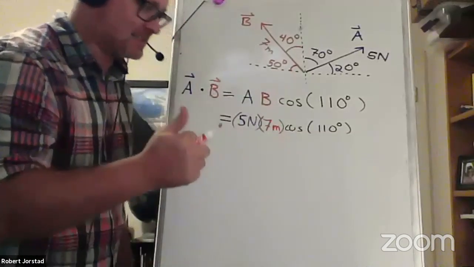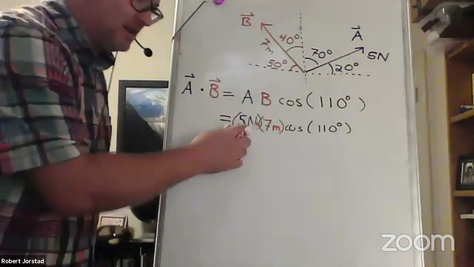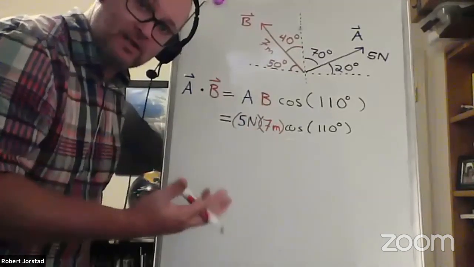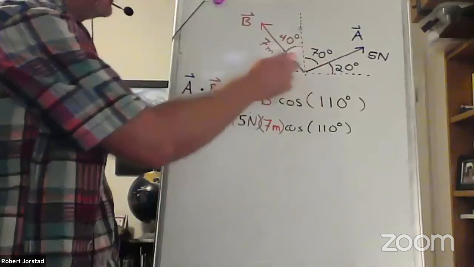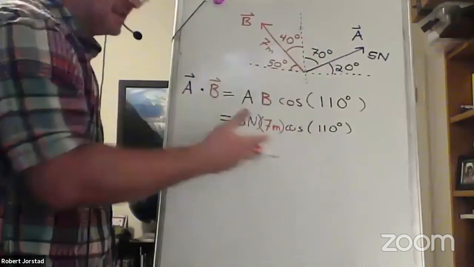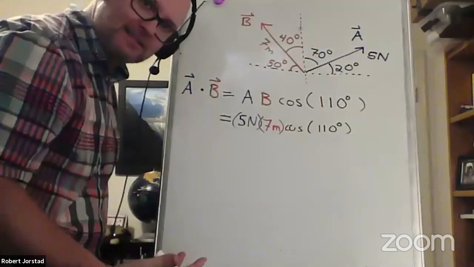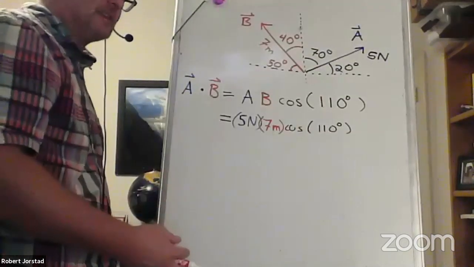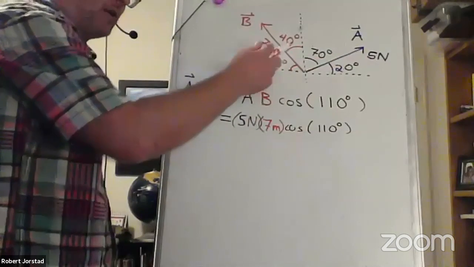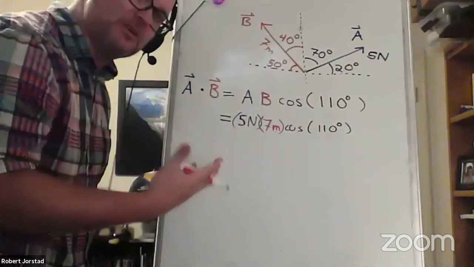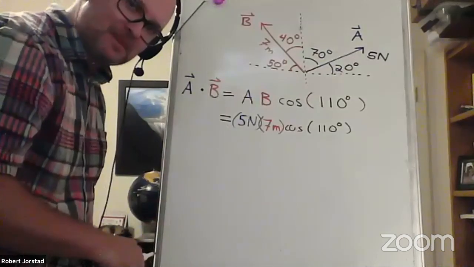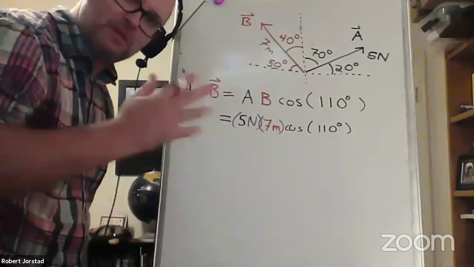Nice job. Excellent. And now it turns out a Newton times a meter is actually one type of unit called energy. So this could be a force. This could be the distance a box gets moved, and this will be the total amount of work done on the box. In cross product land, this could be the force, and this could be the lever arm, and this would be the total amount of torque. So it turns out Newton meters are very common units for dot products and cross products. And we just call them Newton meters.